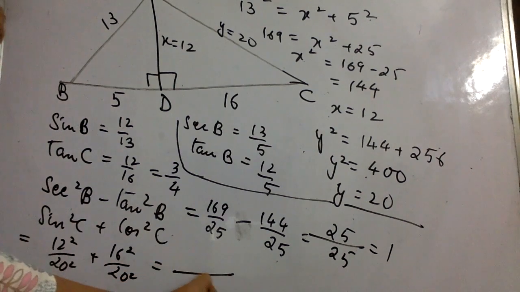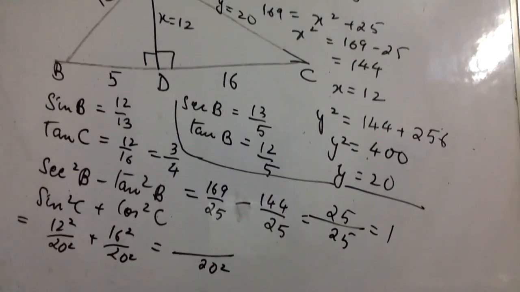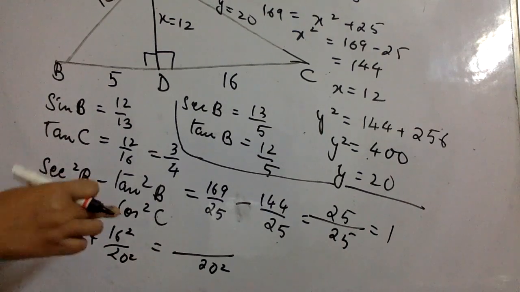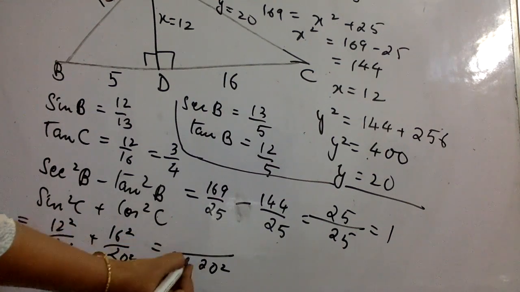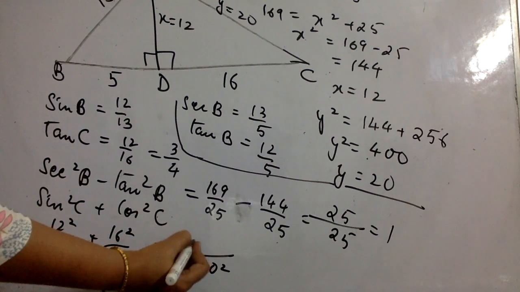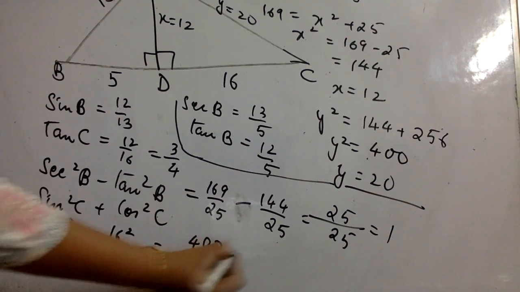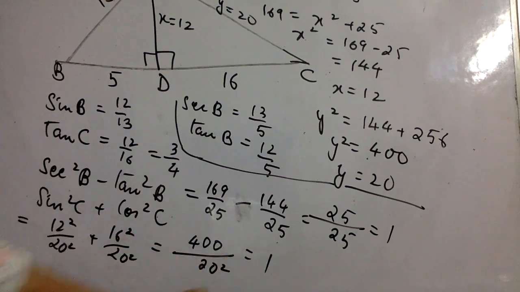If I take 20 square LCM, you can even reduce it if you want, then 144 plus 256 gives me 400. That is 20 square is also 400, so it comes to a 1 again.